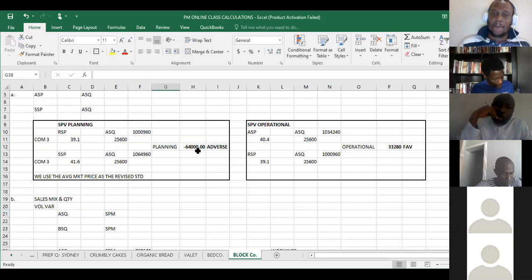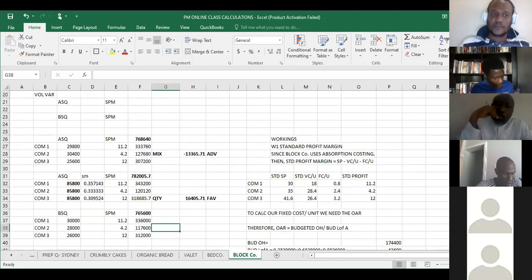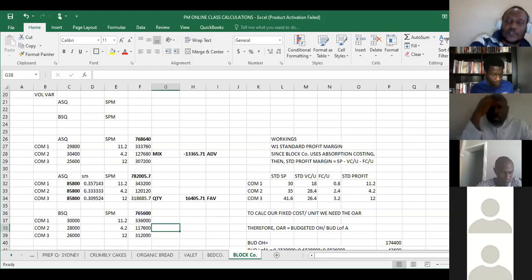Is that sales price or sales volume? Which one? This sales price that we were given. They gave you two for sales price for commodity 1 and 2, and they gave you sales price operational for the third one to calculate.